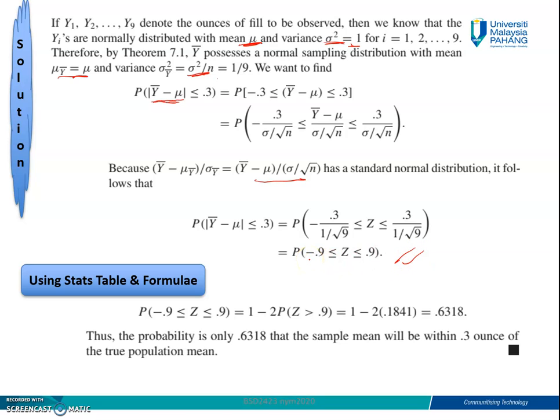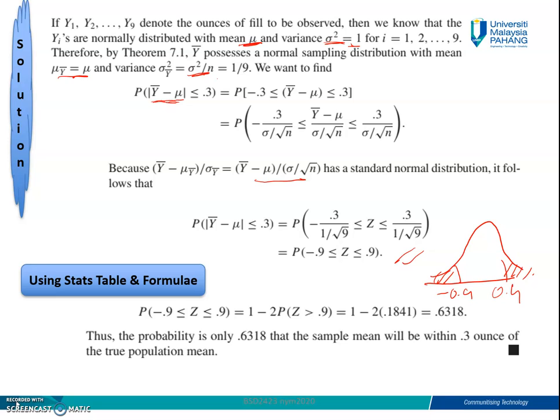Then you can substitute the value here and use the Z table. If you look, where is the area? The area will be on the left and on the right, negative 0.9 here and 0.9 here, so Z is between these two values. This is based on the statistical table from the textbook, but in our class you will use our stat table.